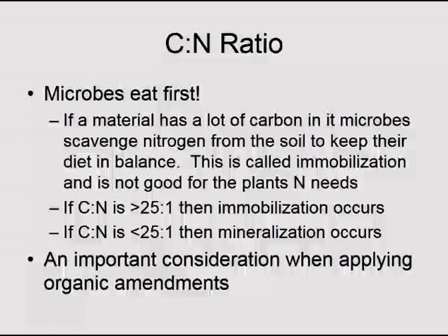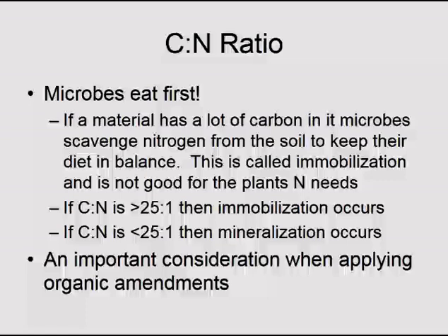Here's a general rule of thumb. If the carbon to nitrogen ratio is greater than 25 to 1, meaning we have a lot more carbon than nitrogen, then we're going to get immobilization. If the carbon to nitrogen ratio is less than 25 to 1, then we'll get mineralization, meaning that the microbes will break down that organic matter and release ammonium and nitrate, the two inorganic plant-available forms of nitrogen, into the soil.